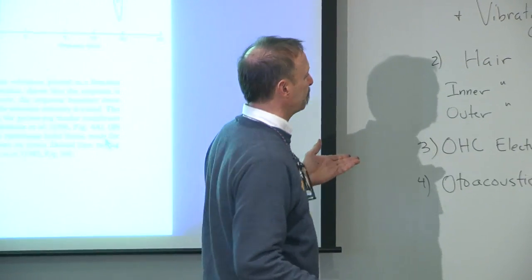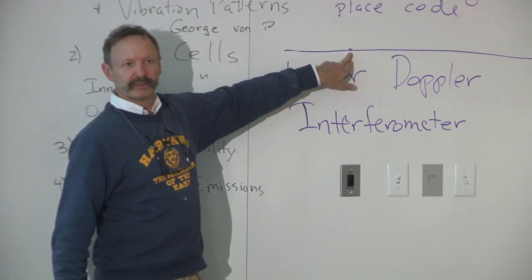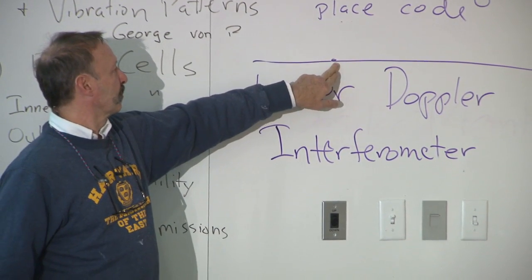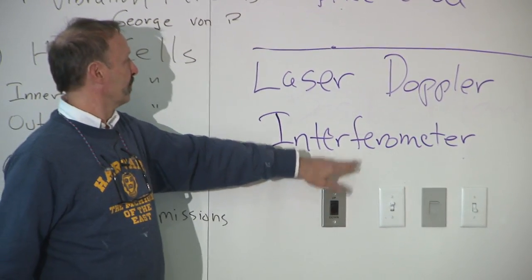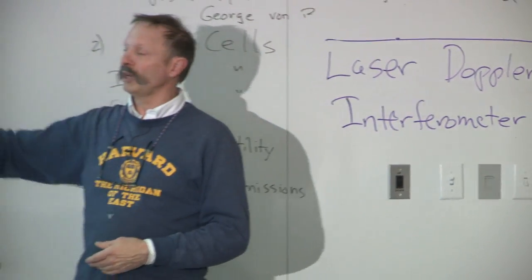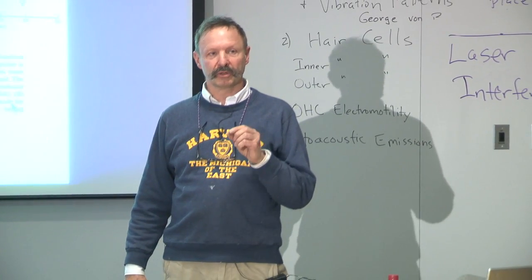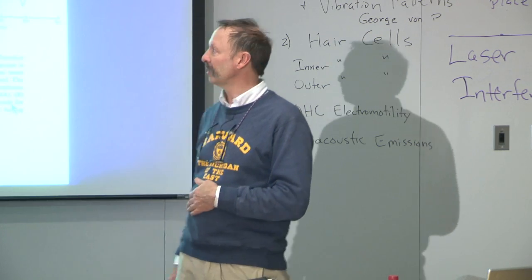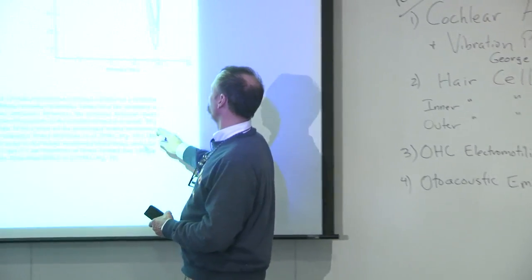You can calibrate this in terms of the displacement or the velocity of the object doing the reflecting. So that's how most modern experiments measure the movement of structures, even though they're very, very small movements, in terms of nanometers. So let's see what this data is.